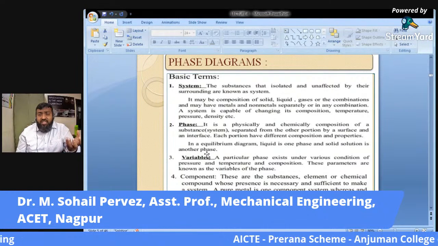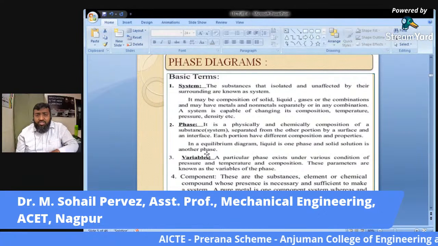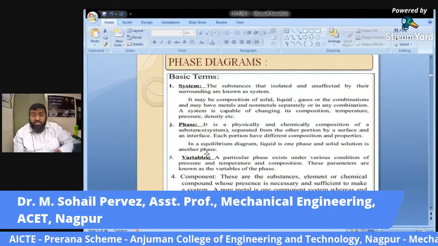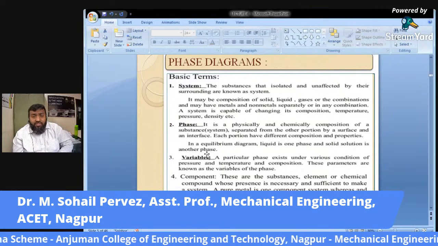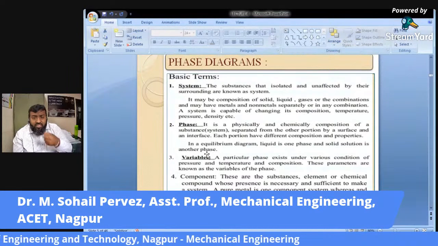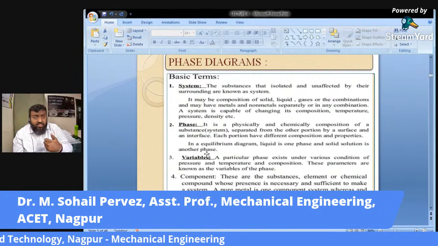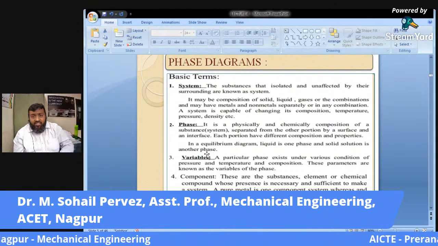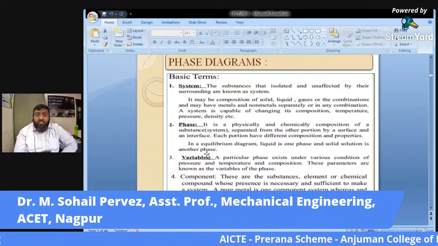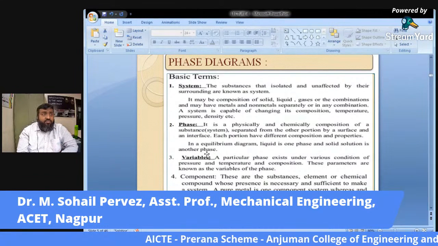It is basically the physical, chemical also, substance separated from the other portion by surface and interface. So each phase will represent its own identity. Let it be solid, let it be liquid, it will represent, and that is known as phase.